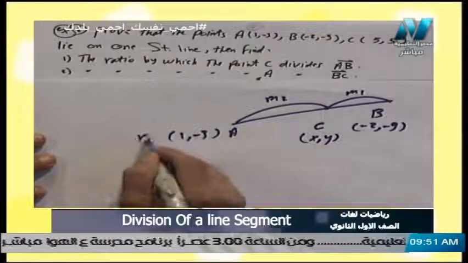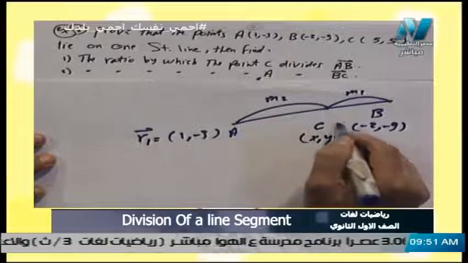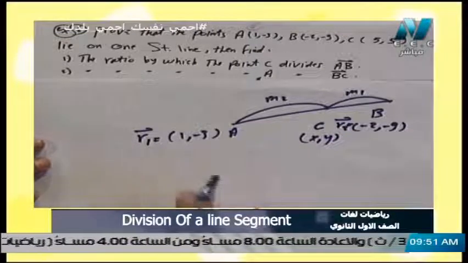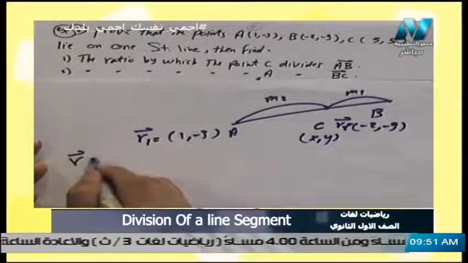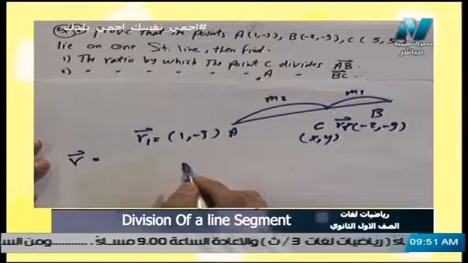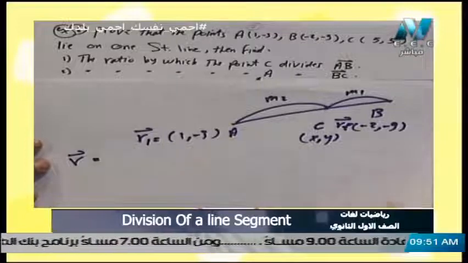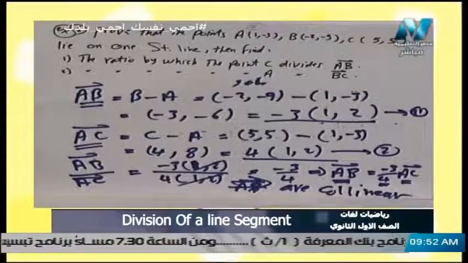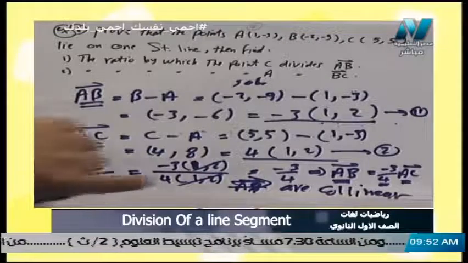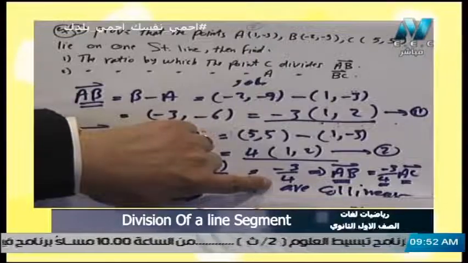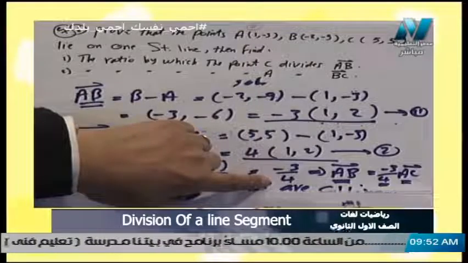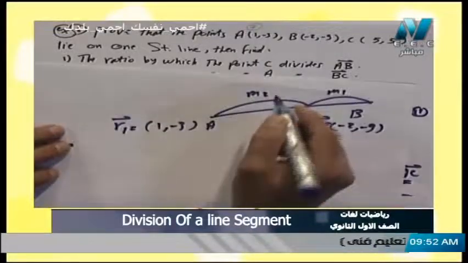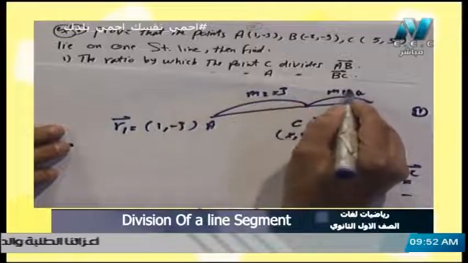Here A is R1, B is R2, as we said before, and by applying the rule that C, or R, equals M1 R1 plus M2 R2 over M1 plus M2. What are M1 and M2 here? We deduced that AB over AC equals negative 3 over 4. So we can say that M2 is 3 and M1 equals 4, and ignore the negative here.